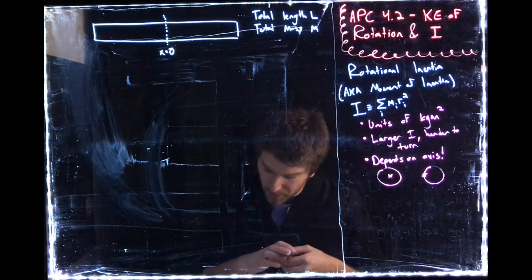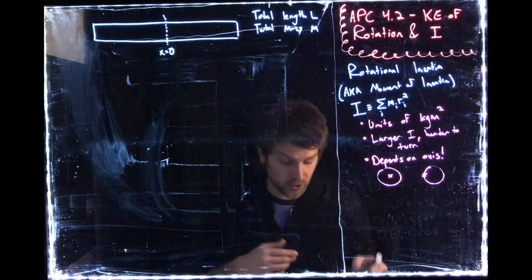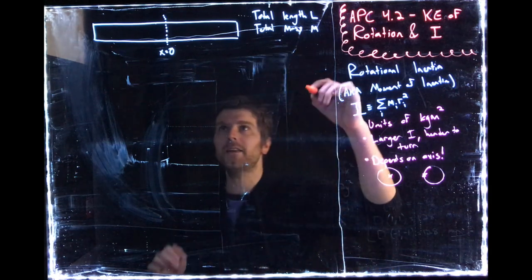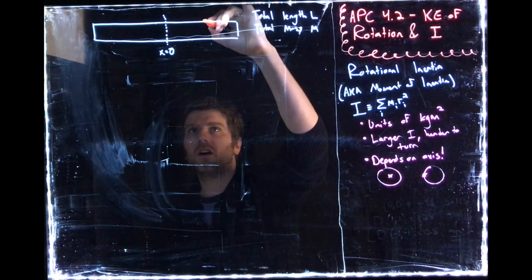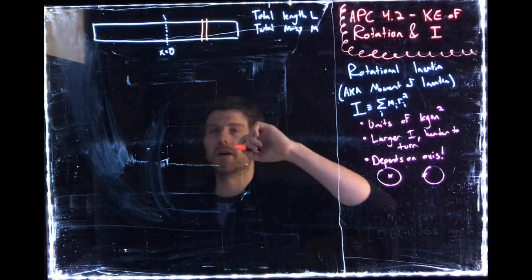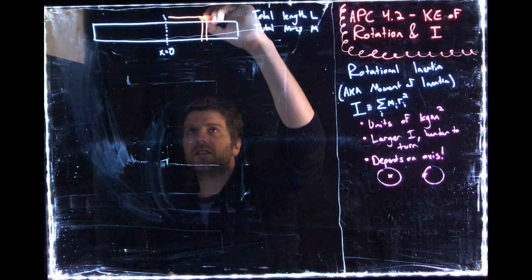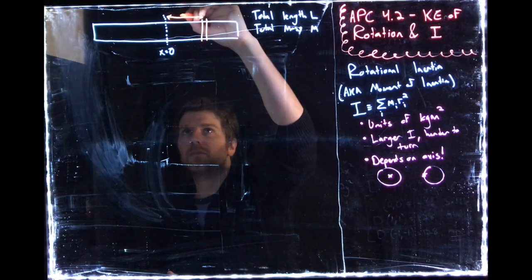So how do I even start here? Where do I even begin? So the first thing that I want to do is kind of like we did before. I'm going to take a little slice out of my object. This slice, by the way, will be some distance x, some position x.